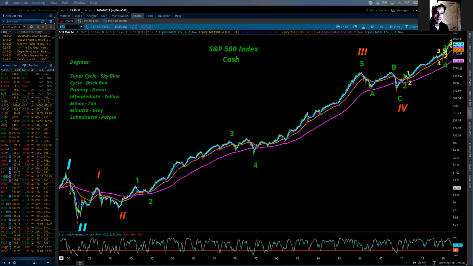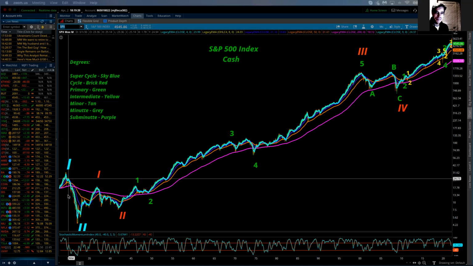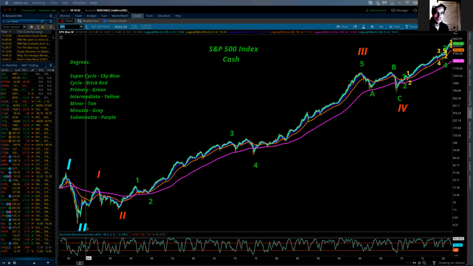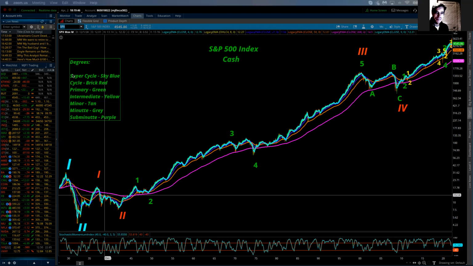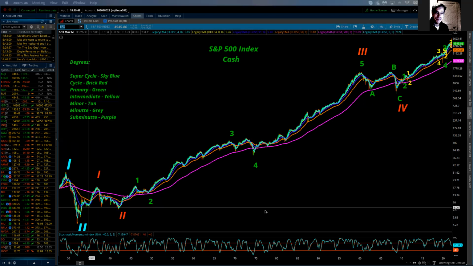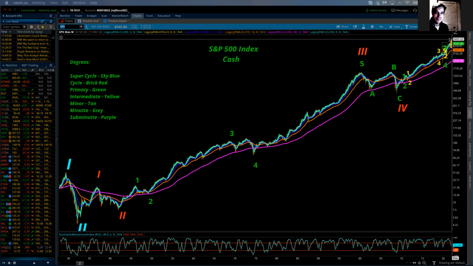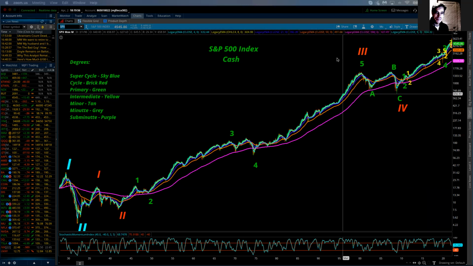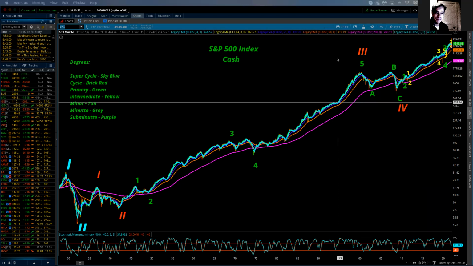So beginning here with the S&P, where we have the data, I am looking at the cash market as being in the completion point for a super cycle wave 3. And that would be all the way up here at our current high at 4,808. Now, if we have any understanding of Elliott, the largest degree is just finishing the largest portion of its cycle advance, super cycle advance, we'll call it.